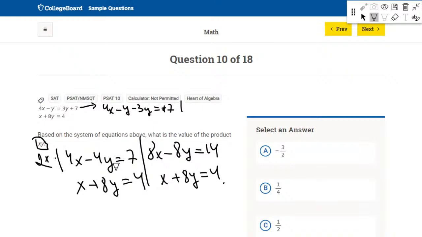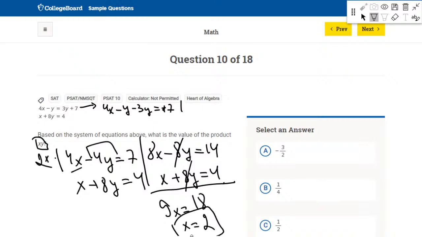Why did I do it? I just noticed that this is 4y minus 4y, and this is 8y. So to get rid of them, I multiply by 2 to get minus 8y. And when I get this, I just sum these two equations. I get 9x equals 18, we get rid of the y terms, and x equals 2.